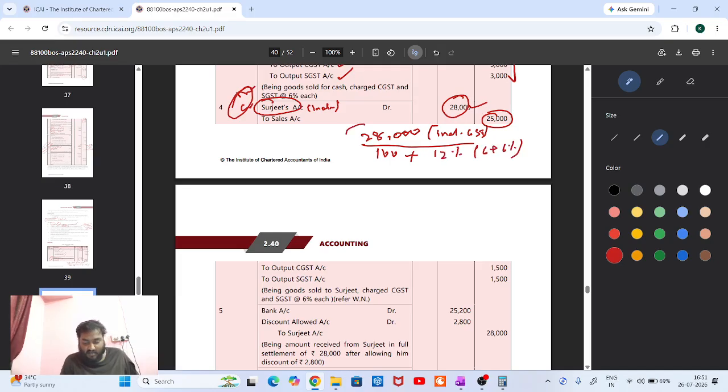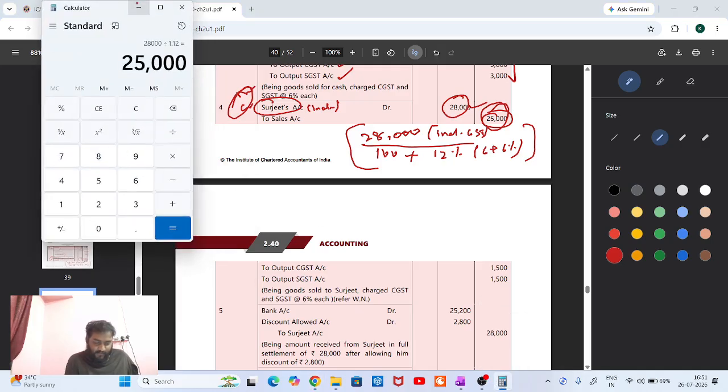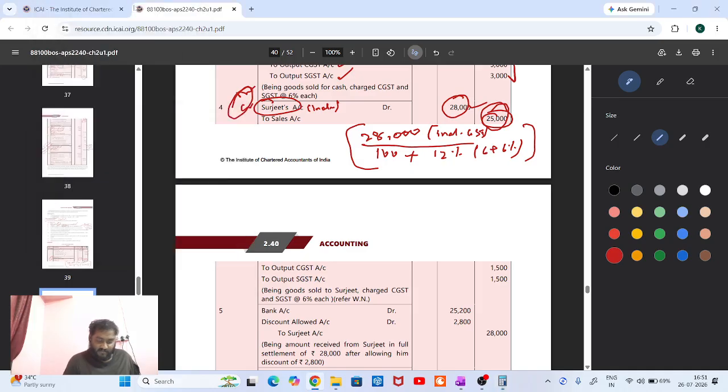This is the logic that comes here, right? So 25,000 comes here, 25,000 into 6%. What is 25,000 into 6%? 1,500. Okay.